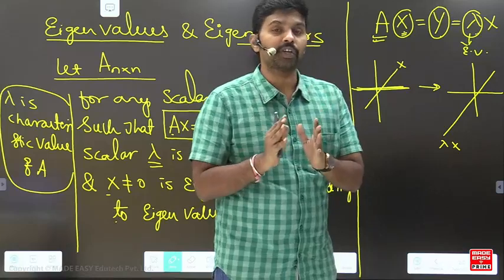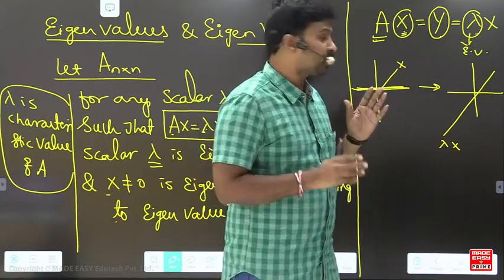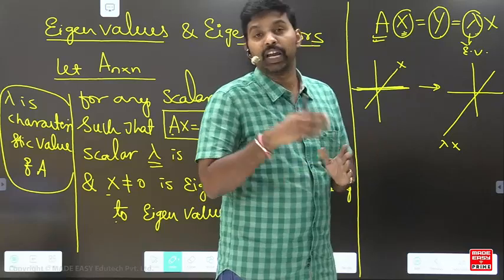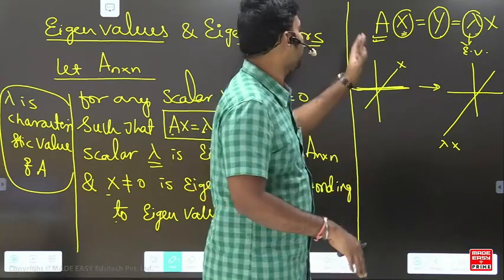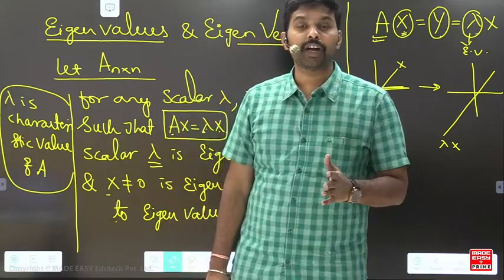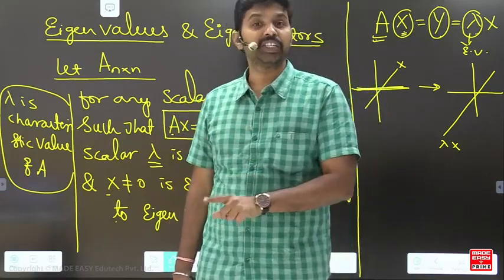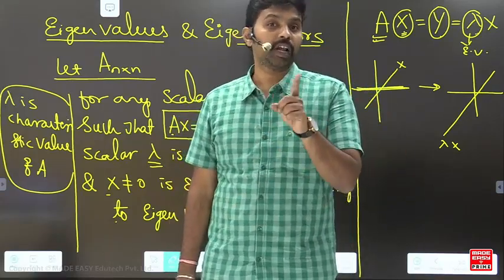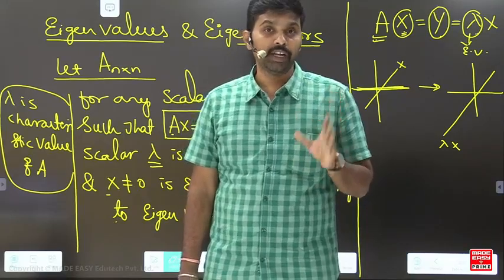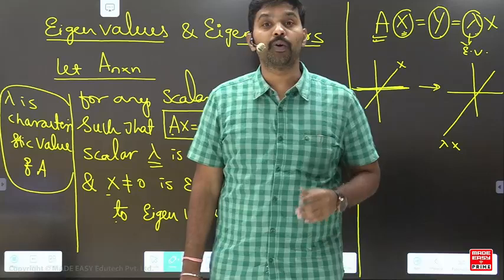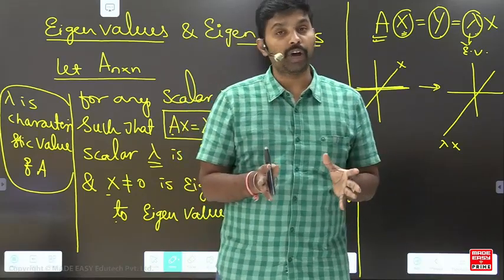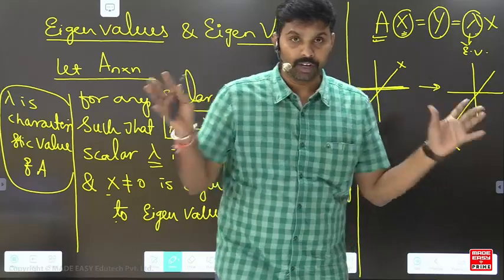Only a few vectors x, which get scaled under the linear transformation. How many times that vector is getting scaled, that is nothing but lambda, which is the eigenvalue or characteristic value of the square matrix, and the corresponding vector is called the eigenvector. This is the geometrical understanding of eigenvalue and eigenvector.